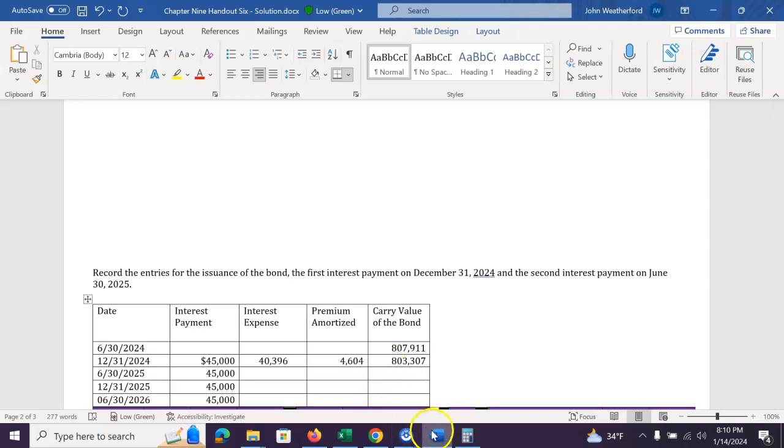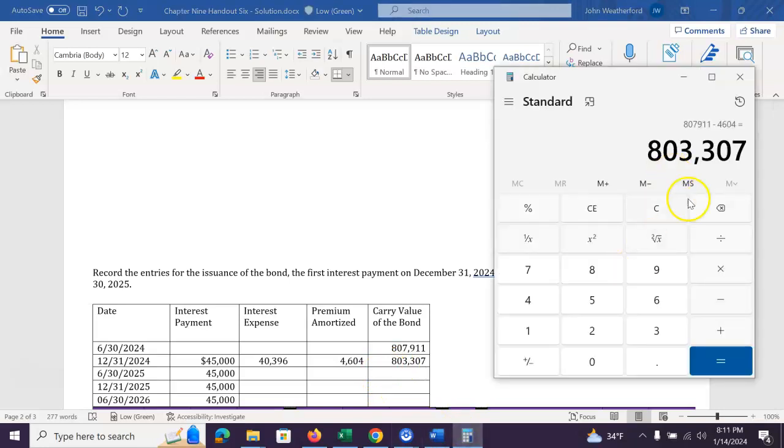Okay. Now we just keep going. We'll take that amount times half the effective rate of 10%. Again, half that would be 5%.